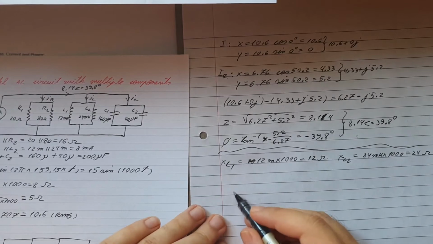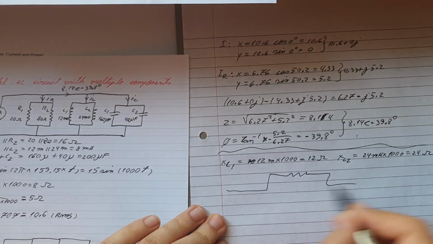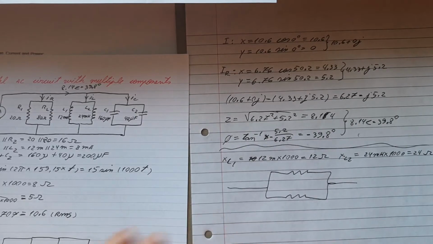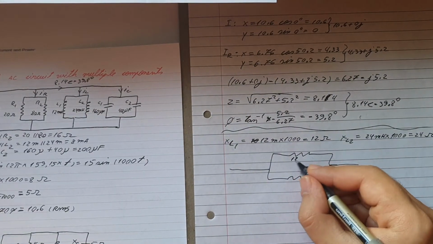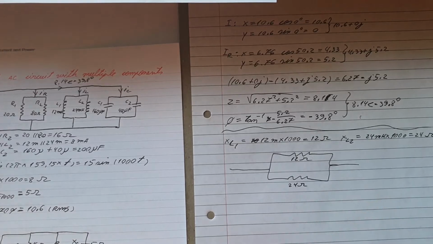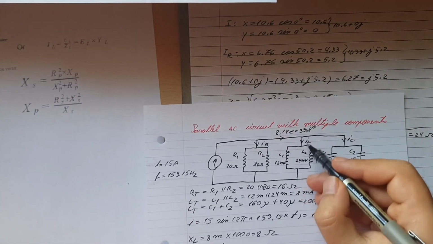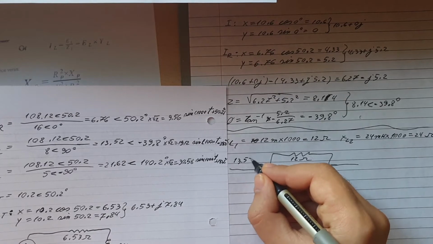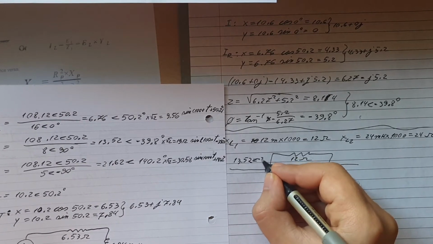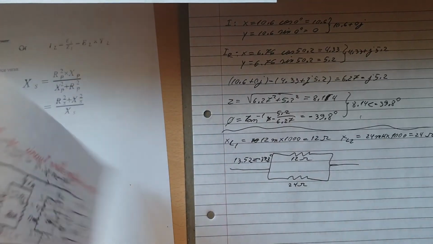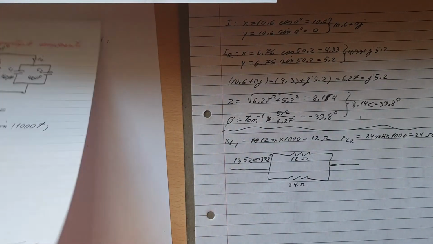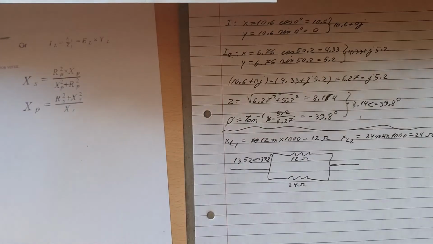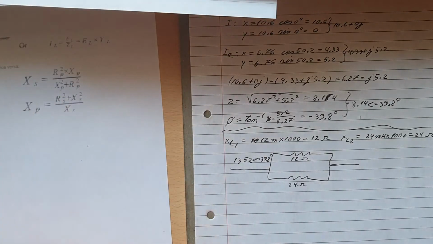So now we make the circuit this way. There you go. This is how it looks now. It's got 12 ohms in here, it's got 24 ohms in here, and coming inside is this current here. So that current, as we calculated here, will be 13.52 at an angle of minus 39.8 degrees. Alright, so now we can just apply the voltage divider rule, I mean the current divider rule.